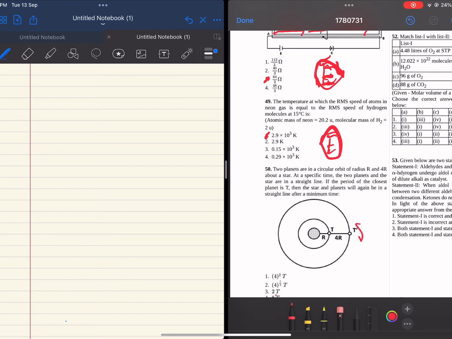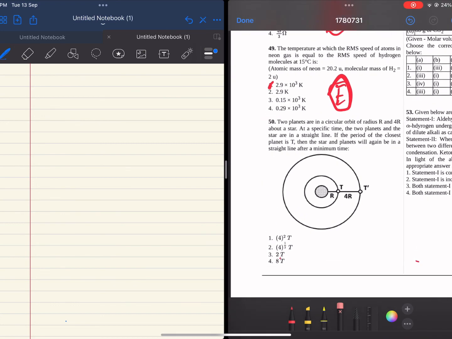The time period of the first planet is T, so that means its omega must be 8 times that of the other planet. That means when it completes 8 revolutions, this completes 1 revolution. So when will they come back in the same position? At time 8T, 16T, and so on. And they ask for the minimum time, so here the answer comes out to be 8T. This is a little trickier question.